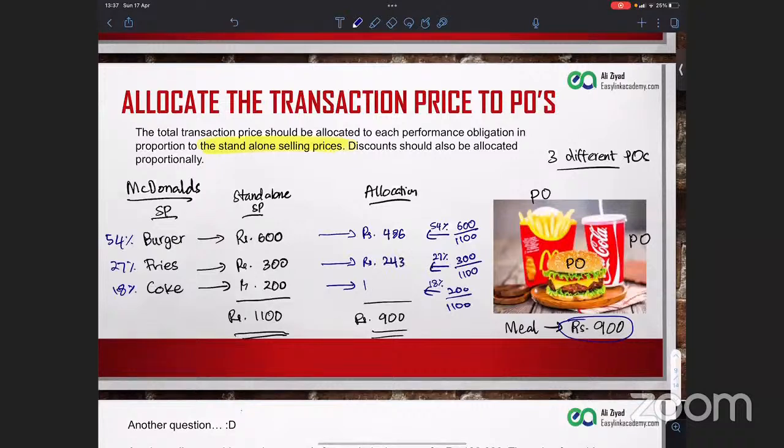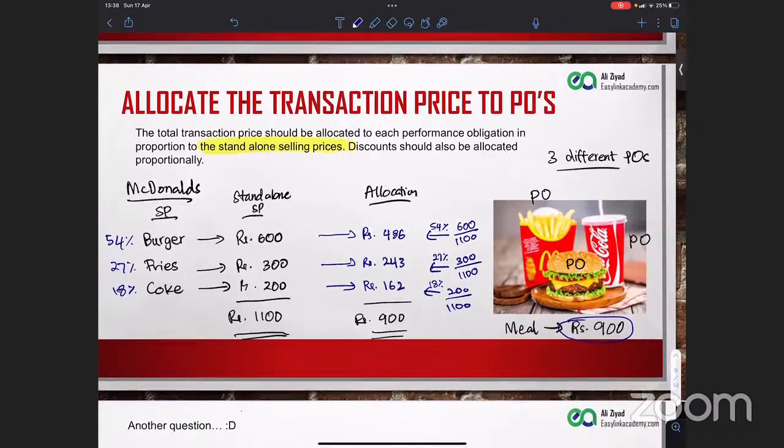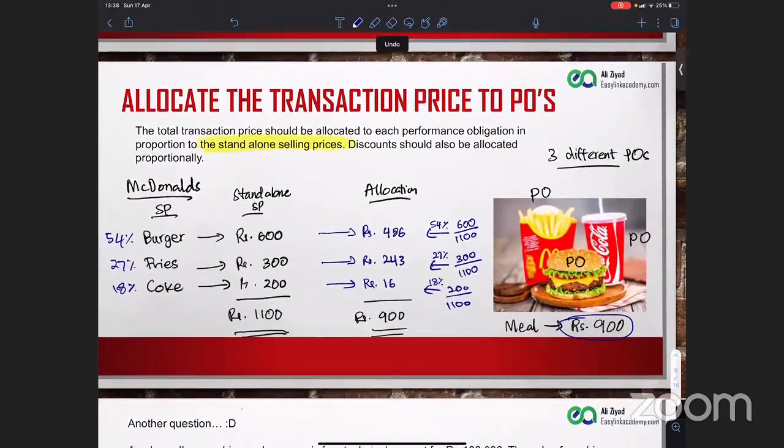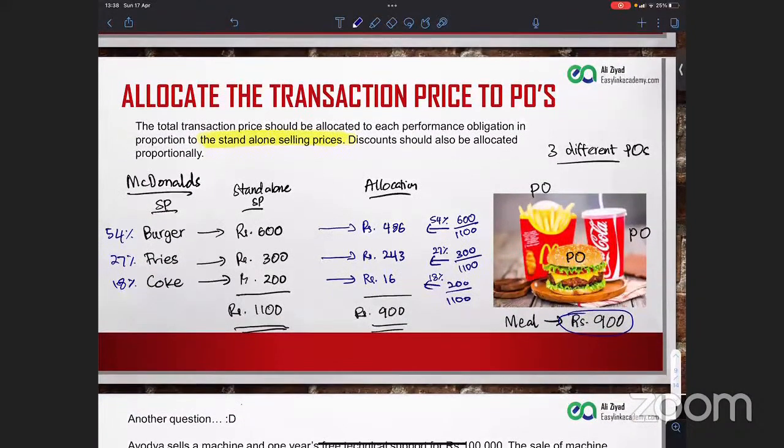Awesome. How much is 18% of 900? 162. Awesome, guys. 54%, 27%, 18%. Awesome.